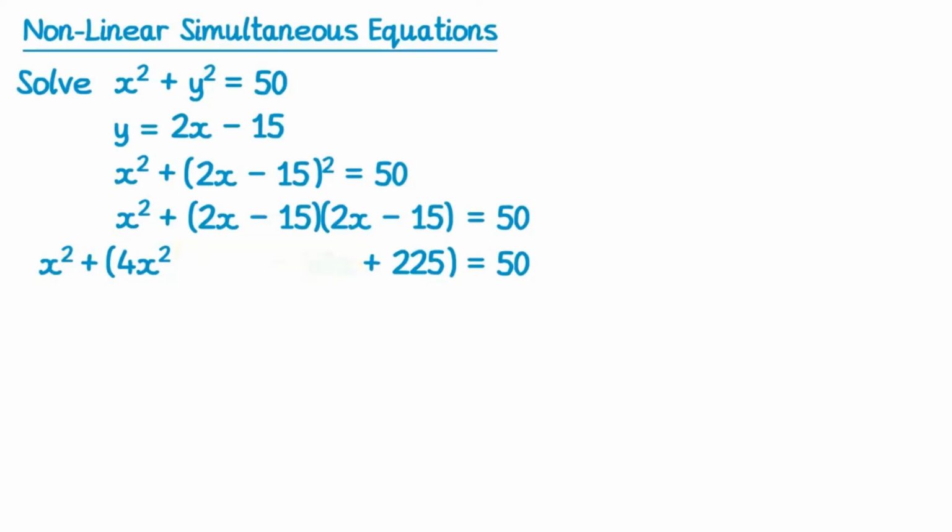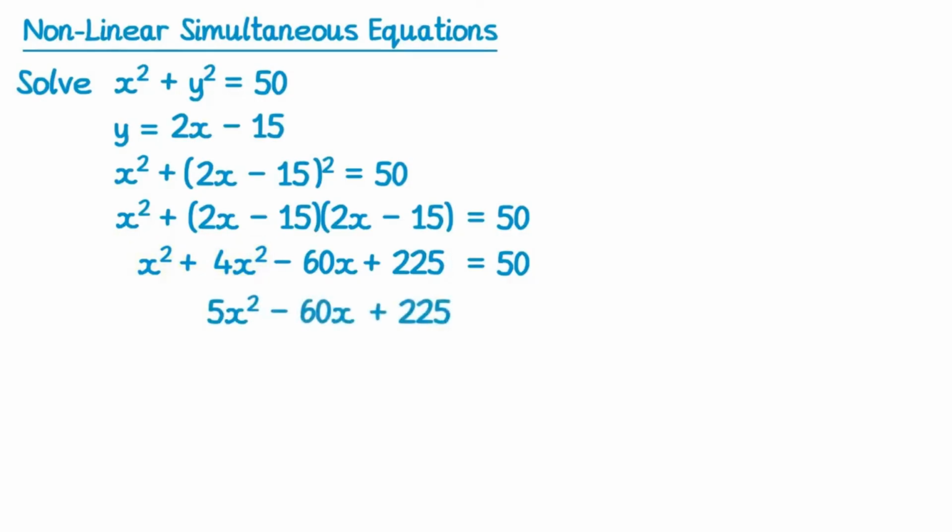That's negative 60x. And then since the bracket is just added to x squared, we can lose the brackets. So we get x squared plus 4x squared, that's 5x squared, and then we've got minus 60x plus 225 equals 50. So we've ended up with a quadratic equation again.